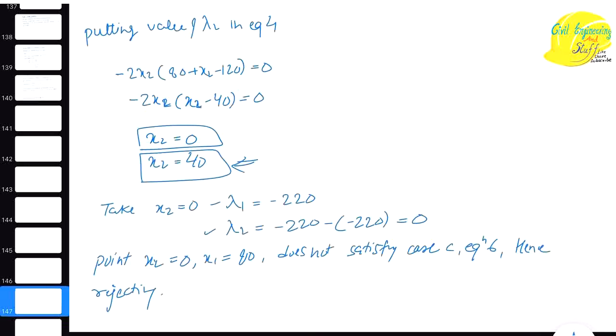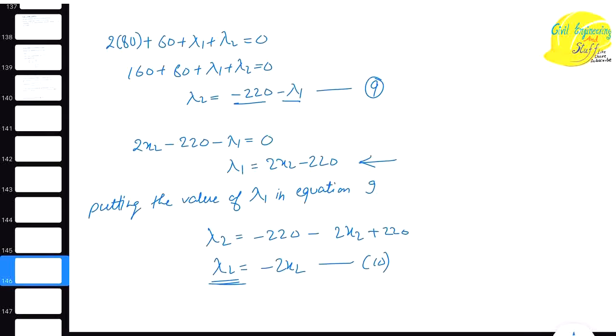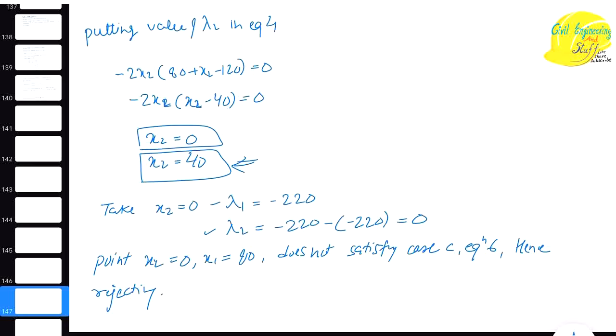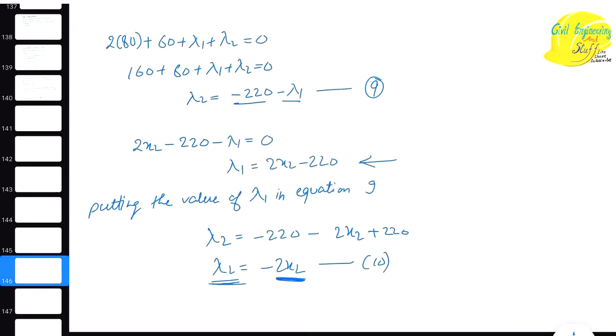Wait a second. The value of lambda 2 is minus 2x2, right? So x2 is 40, so the value will be minus 2 into 40, so it will be minus 80. Okay, equation number 10, just for reference I am writing equation number 10, right?